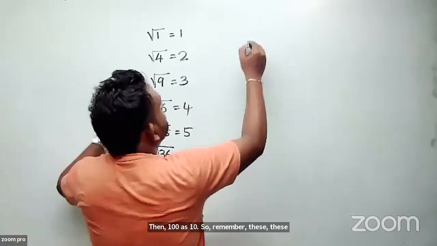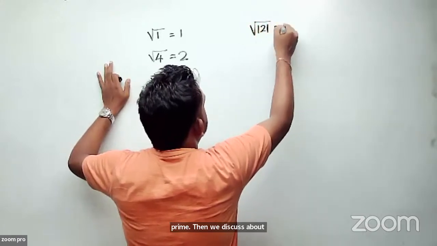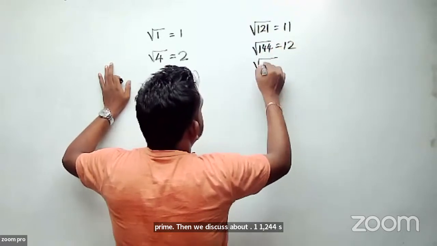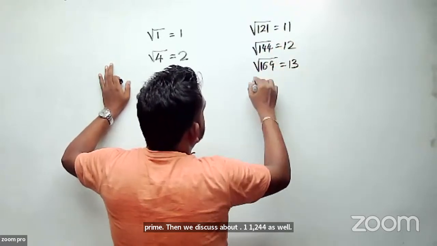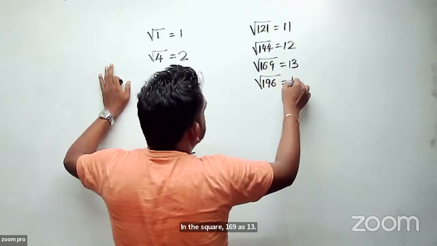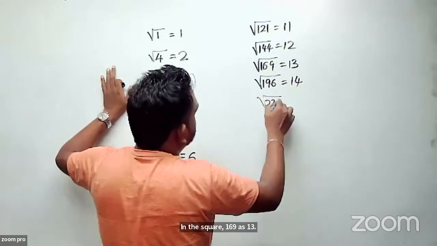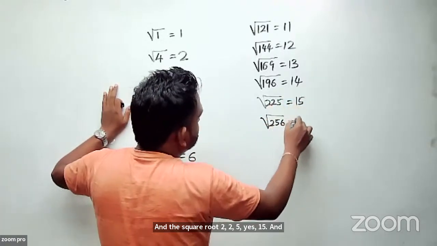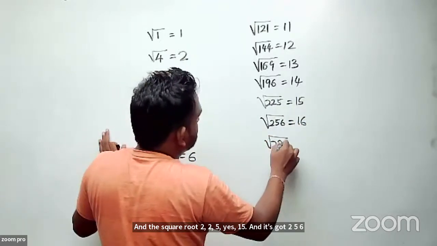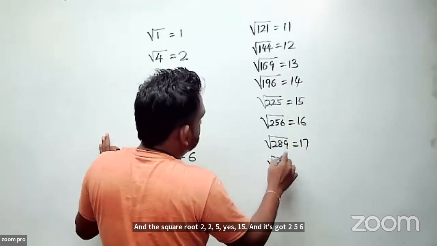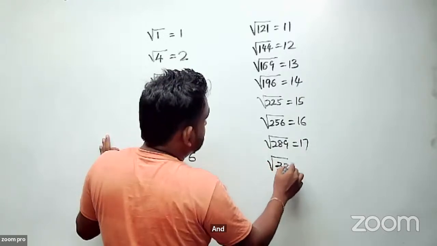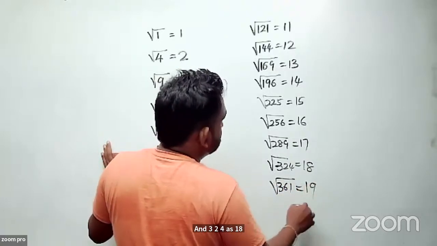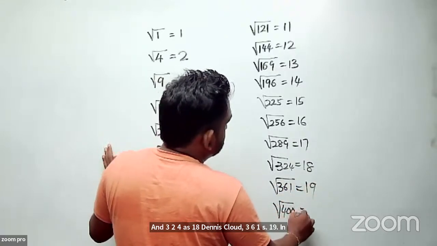Then we discussed square root 121 as 11, square root 144 as 12, square root 169 as 13, square root 196 as 14, square root 225 as 15, square root 256 as 16, square root 289 as 17, square root 324 as 18, square root 361 as 19, and square root 400 as 20.